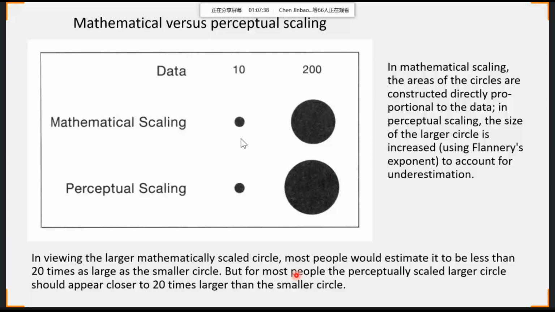For most people, the perceptually scaled larger circle should appear closer to 20 times larger than the smaller circle. So this is the idea, that if people estimate the difference between these two, they come nearer to 20 times than here. Therefore, perceptual scaling improves the situation, because what we always have to take care about is the impression and the interpretation of the users of the maps or the visualizations that we produce.